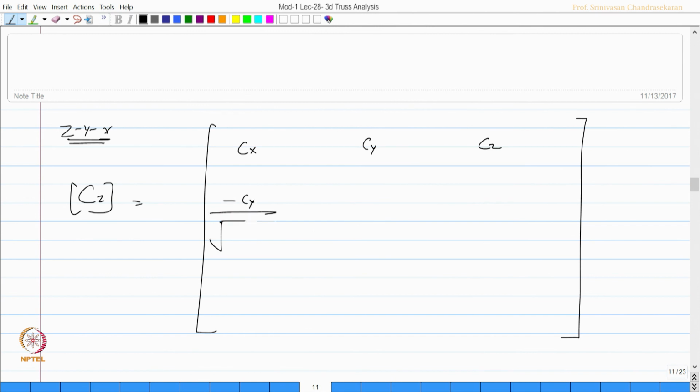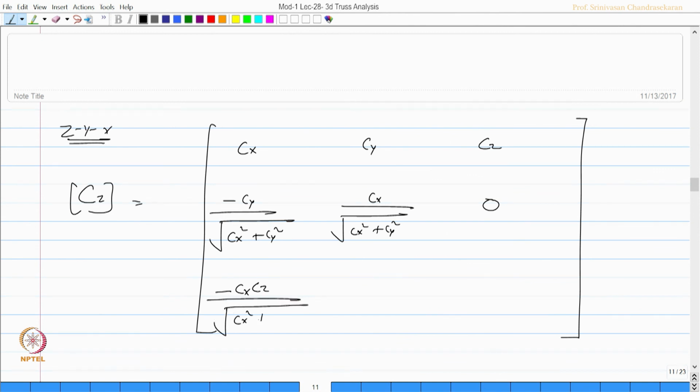Minus Cy by root of Cx square plus Cy square, Cx by root of Cx square plus Cy square, 0; minus Cx Cz by root of Cx square plus Cy square, minus Cy Cz by root of Cx square plus Cy square, root of Cx square plus Cy square.